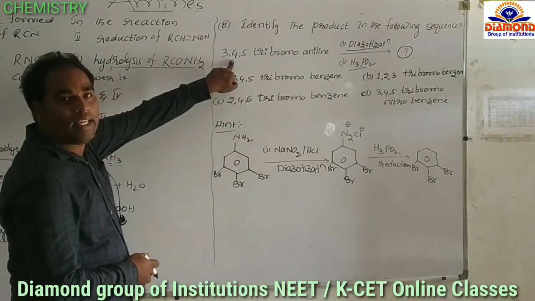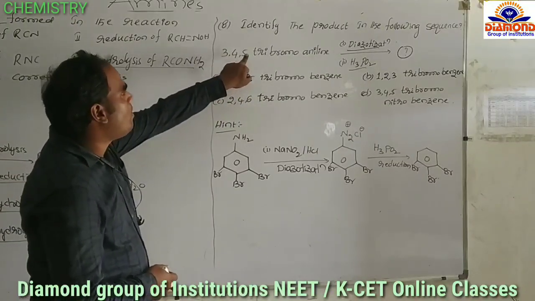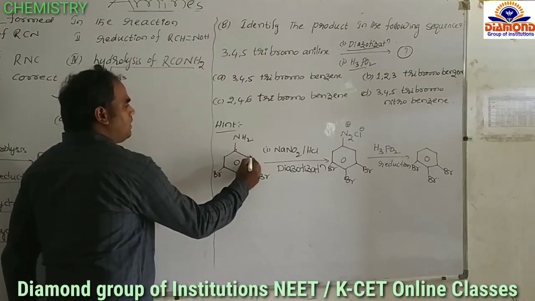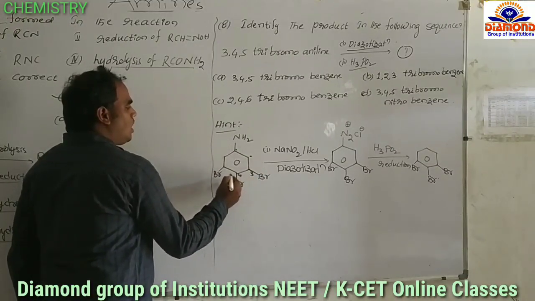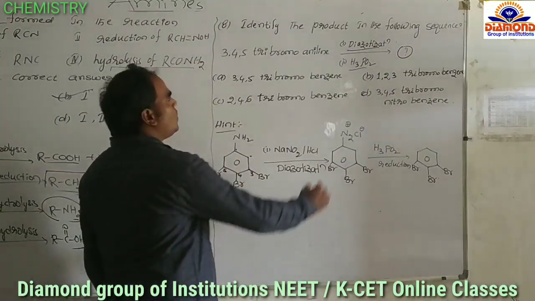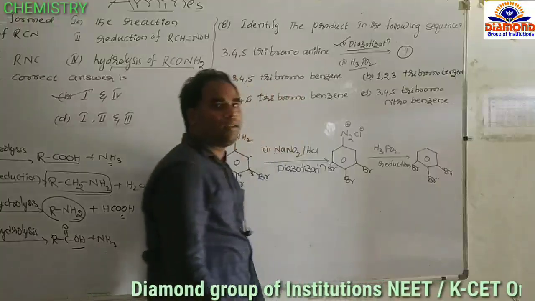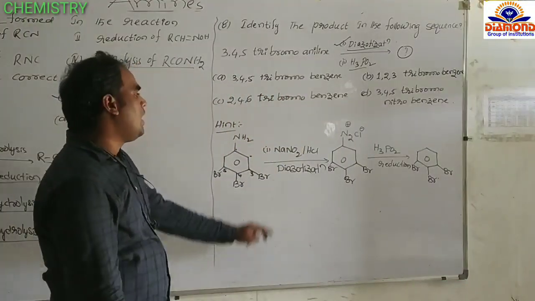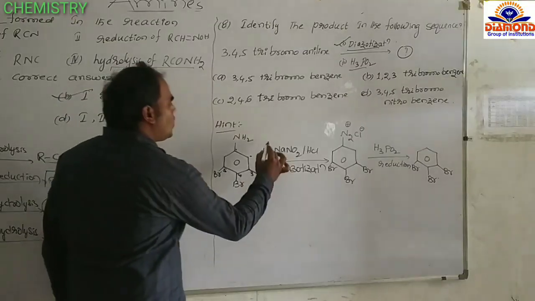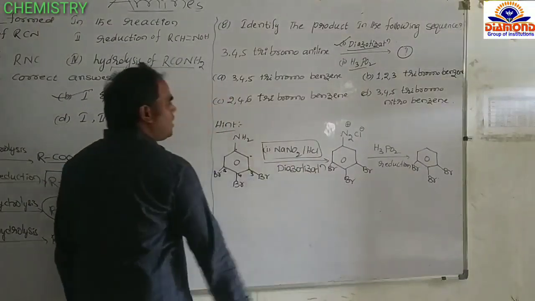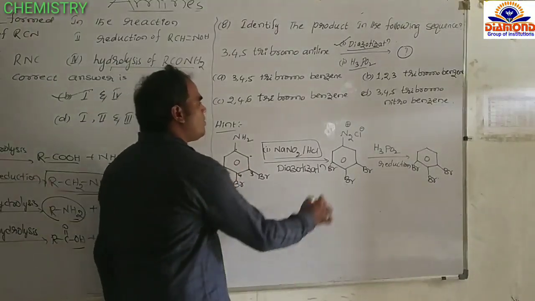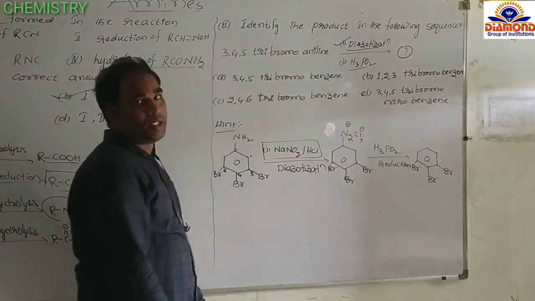First, what is the starting reactant? 3, 4, 5 tribromoaniline. First it undergoes diazotization. Diazotization means what, students? NaNO2 and HCl are the reactants. In this diazotization, the NH2 group is converted into diazonium salt. We already know that concept.